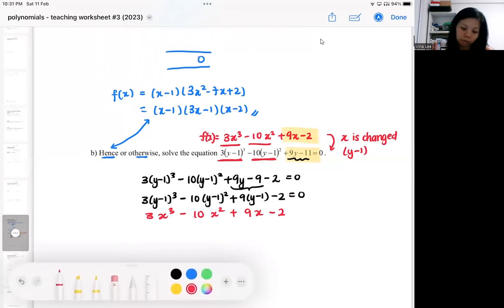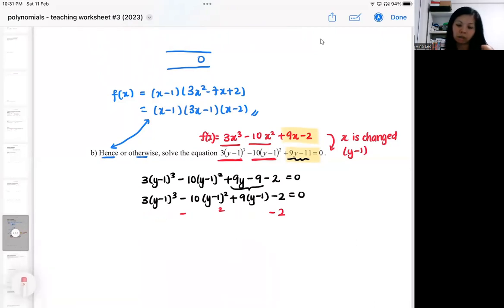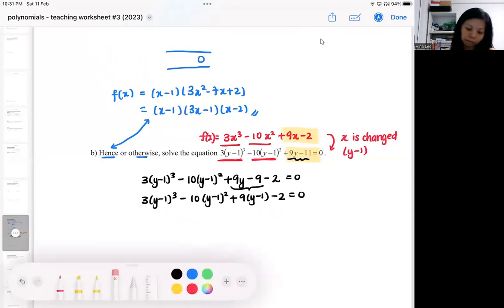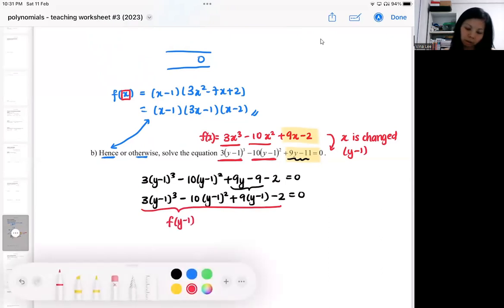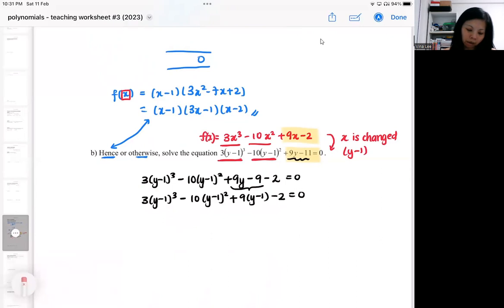When you do such a comparison and you realize that this is the relationship, it means that the original x has been changed to y minus 1. So this whole thing is behaving like y minus 1. You can see it that way, or you can directly change the x into your factorized answer.